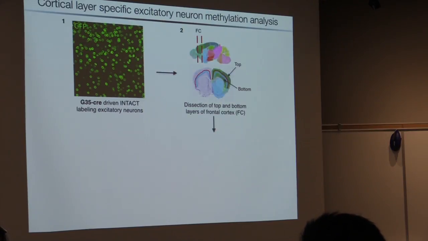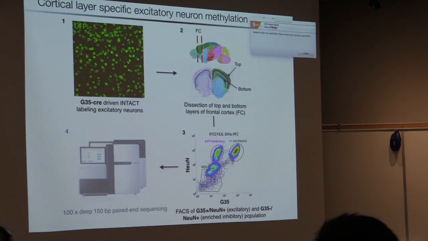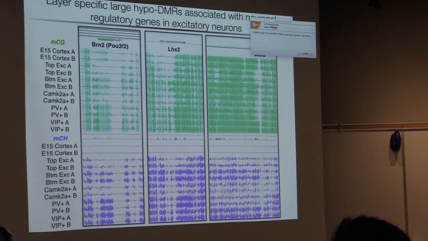And so the final thing is that we want to ask questions about whether or not cells know where they are in the brain. So you have cortical neurons in these 6 layers, and simply by going in and using this INTACT mouse and then dissecting top from bottom, for example, you can profile these cells and ask, you're a cortical neuron, but are you in layers 1, 2 versus 5, 6?